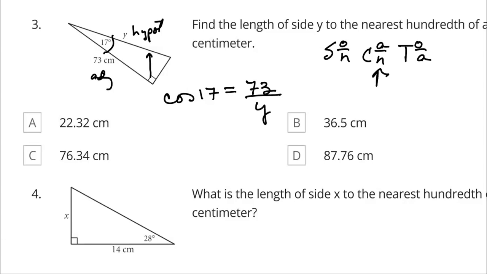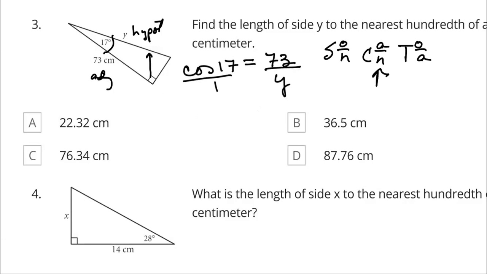So now you're going to do your cross products. Doing cross products, I get y times the cosine of 17 equals 73. Y is going to be 73 over the cosine of 17, and that should go in your calculator.